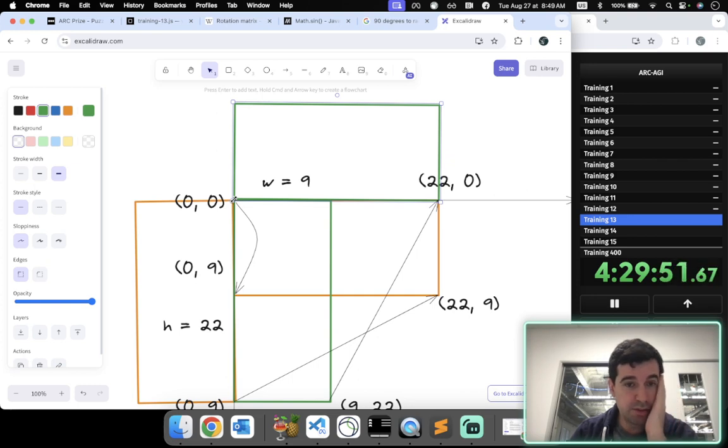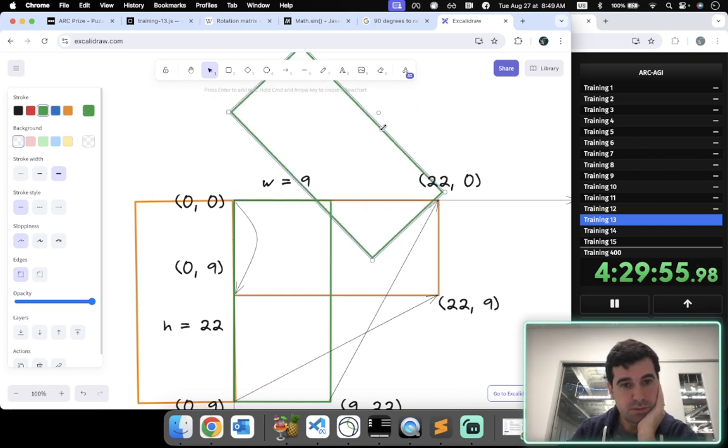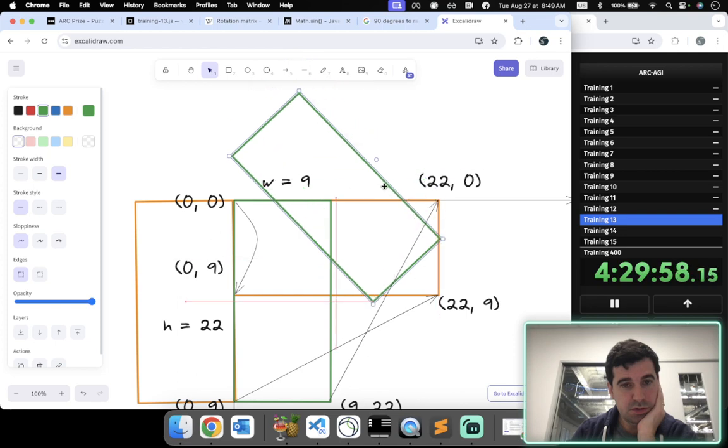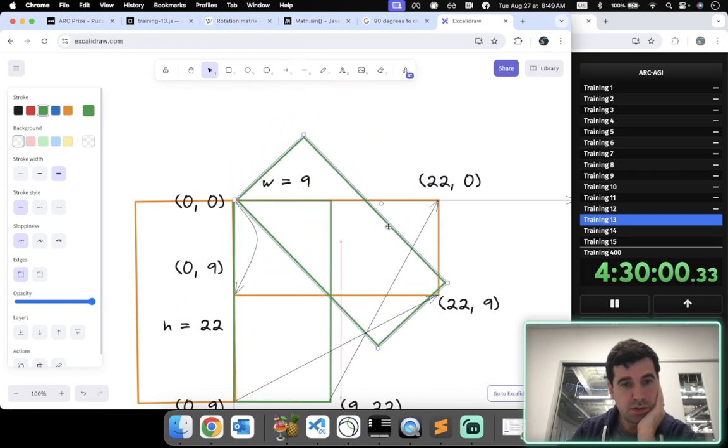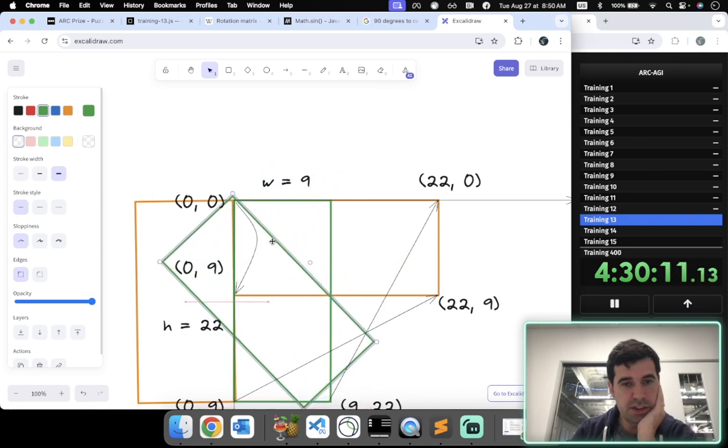So here 0, 0. Wait, no, 0, 0 is rotated like this.